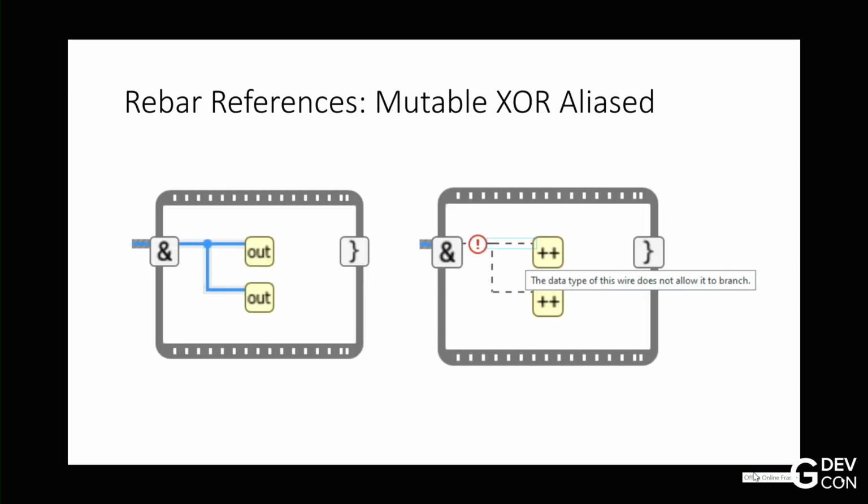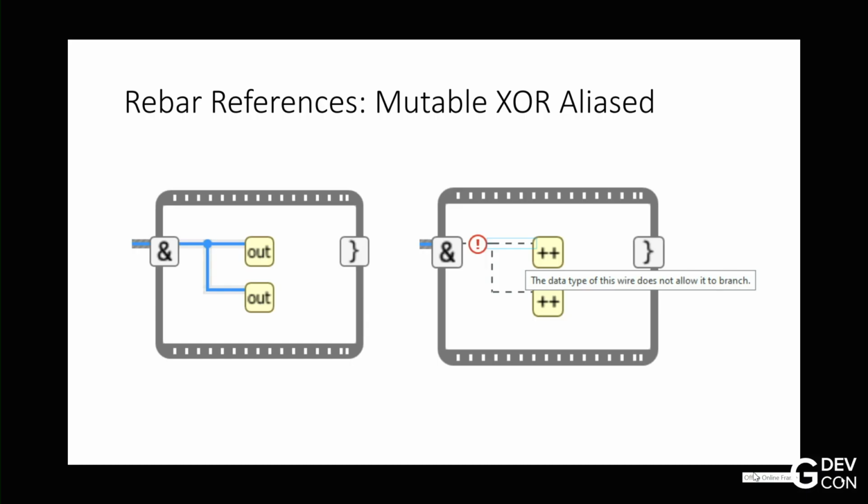Rust and Rebar also allow you to distinguish between mutable and immutable references in the type system. And the difference is basically what you would expect. A mutable reference allows you to reach in and modify whatever data is being pointed at, whereas an immutable reference is one from which you can only read the reference data.